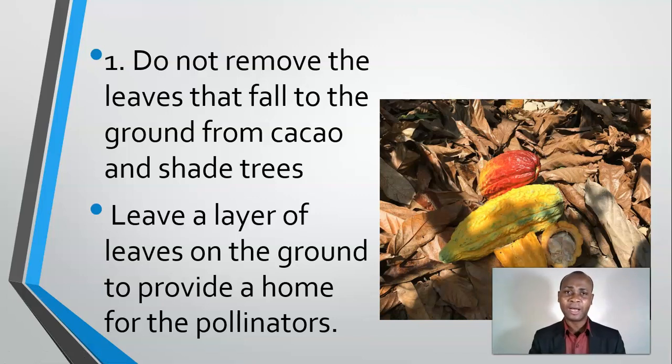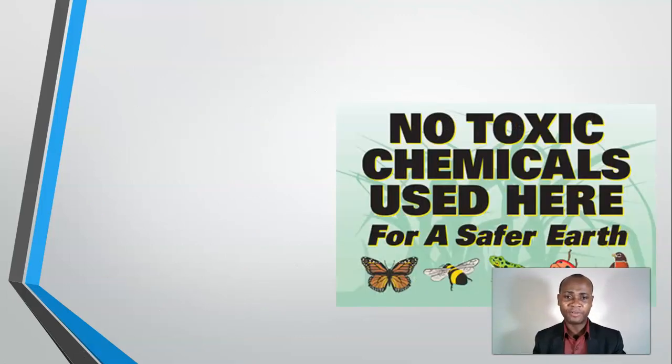Naturally, midges are the only insects that pollinate cacao, and it's estimated that more than 60% of the pollination on cacao is a result of those insects. They live in the leaves and the rotten matter at the base of the cacao, and that is why you don't have to remove the leaves.